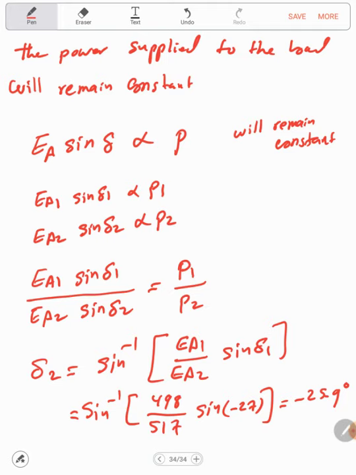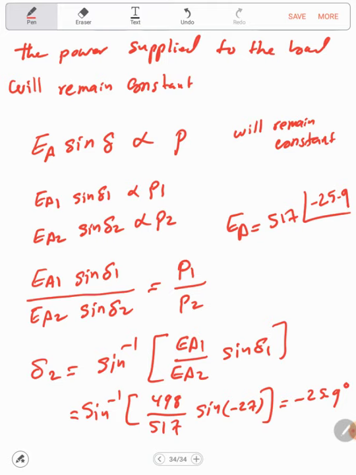So from delta here we know now EA. So here we know EA will equal 517 as a magnitude with angle minus 25.9.